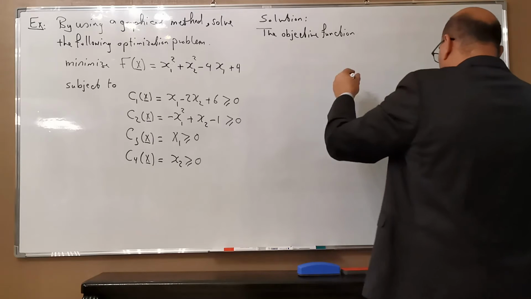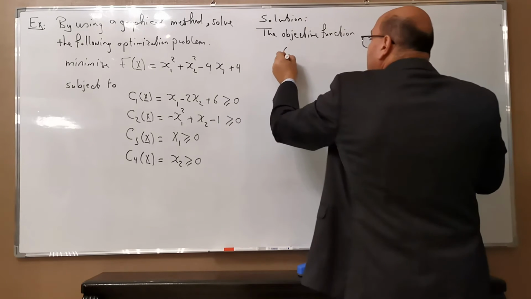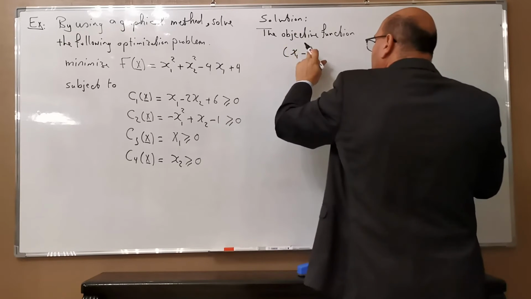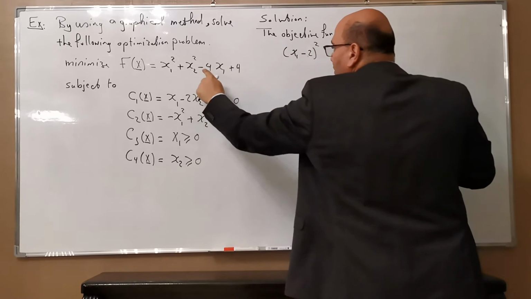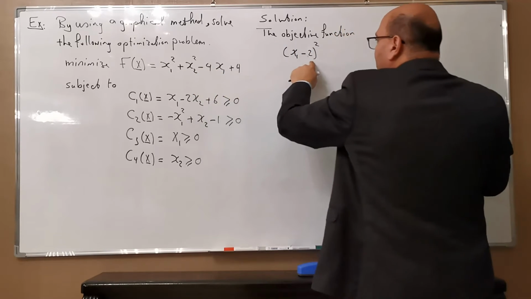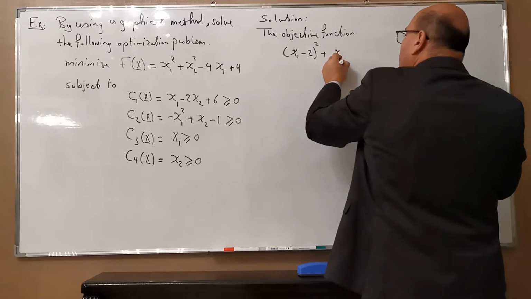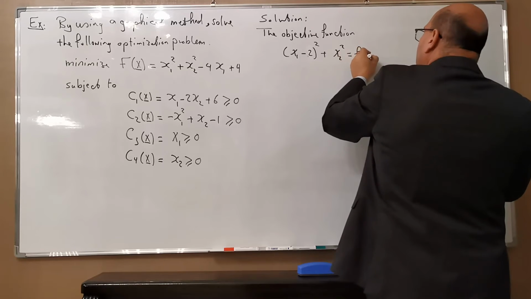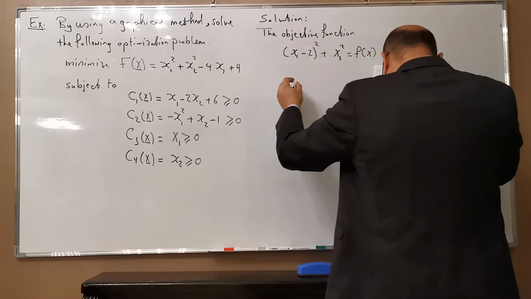So the objective function here can be stated as (x1 minus 2) squared plus x2 squared is equal to f of x. And these are the contours.